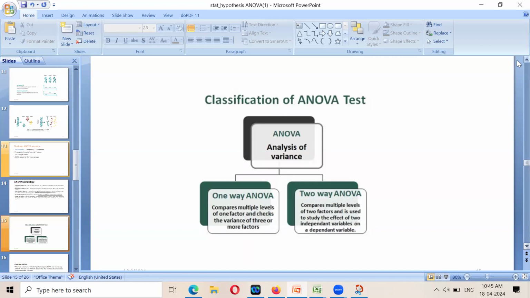So that is the two-way ANOVA. Once again, in one-way ANOVA, only one independent variable and only one dependent variable. In two-way ANOVA, one dependent variable, that is the output, is only one, but the inputs are more than one, that is two. So my output depends upon two factors or two variables, right? That is the simple two-way ANOVA.